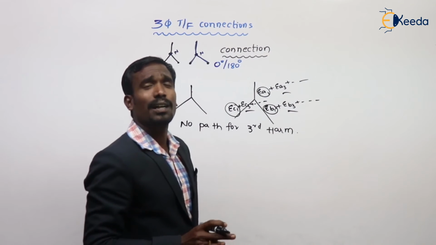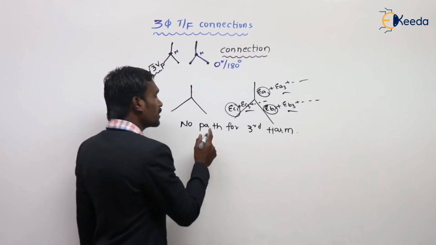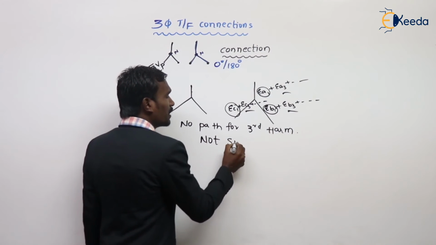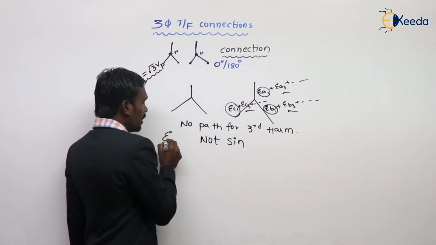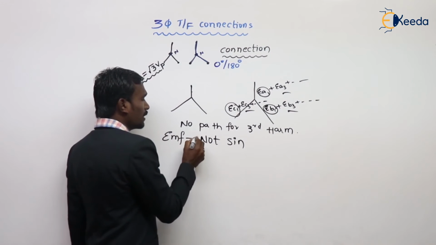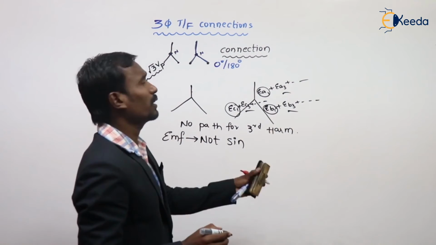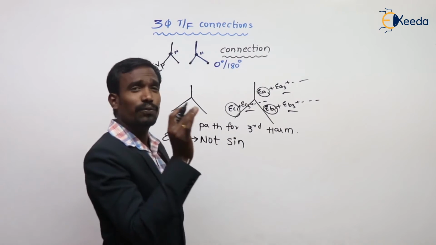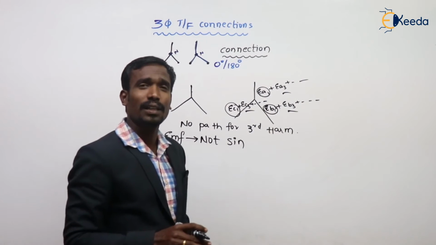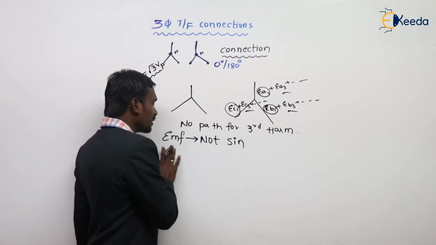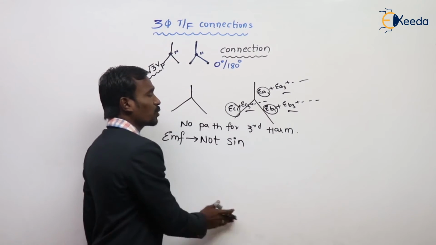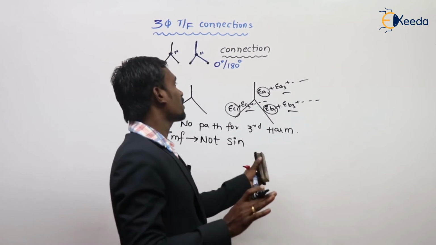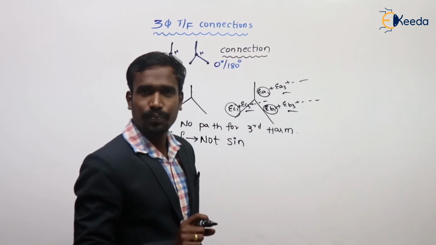So the EMF is not sinusoidal. This is the first disadvantage of the star-star connection. Because there is no closed path for third harmonics, the EMF is not sinusoidal at all.